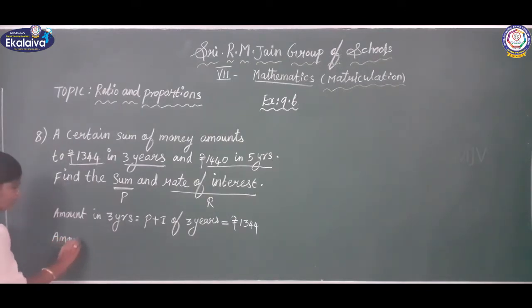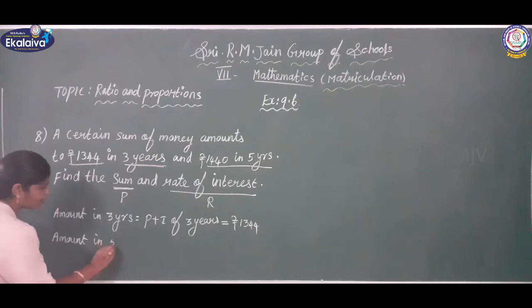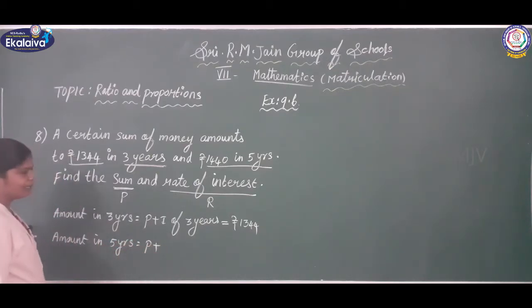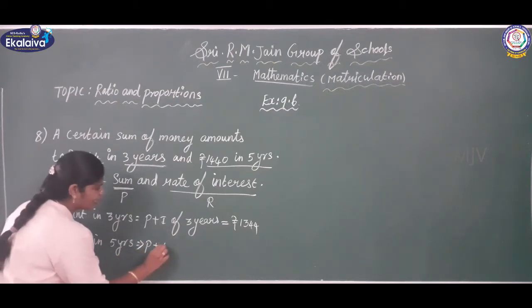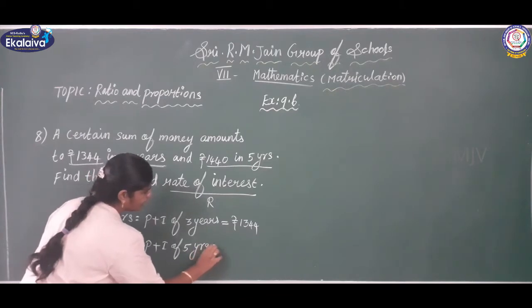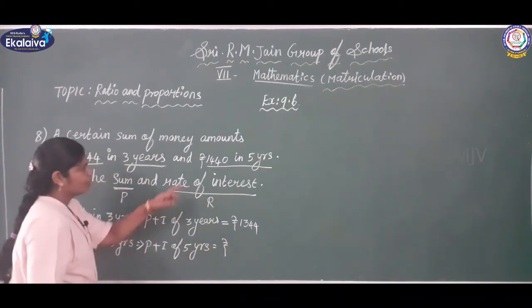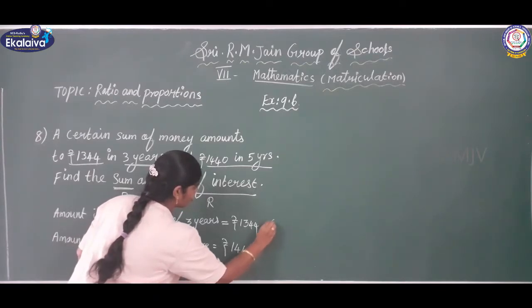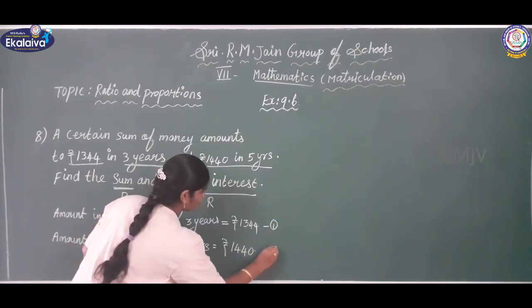Amount in 5 years equal to, it means principal plus interest of 5 years equal to rupees 1440. This is equation 1, this is 2. Okay.